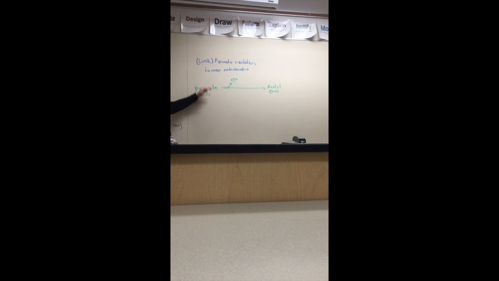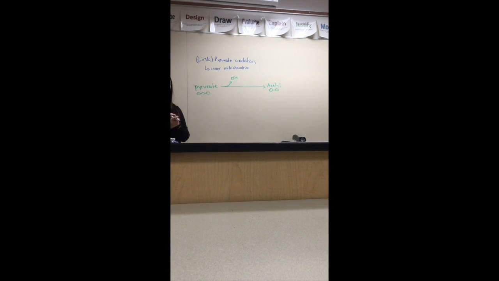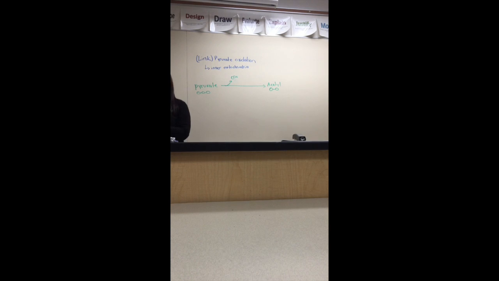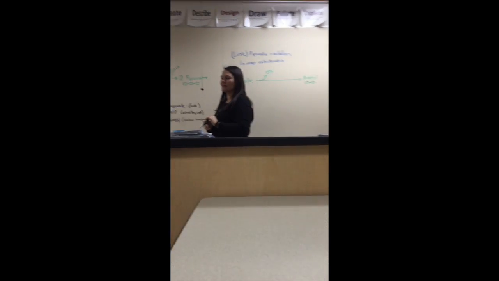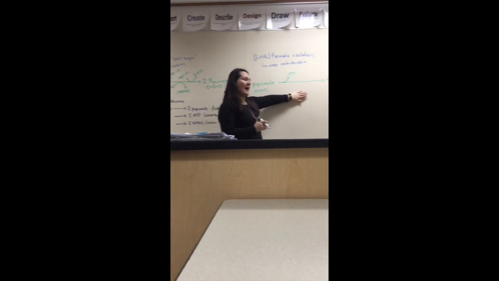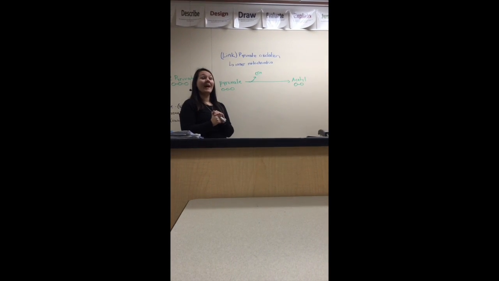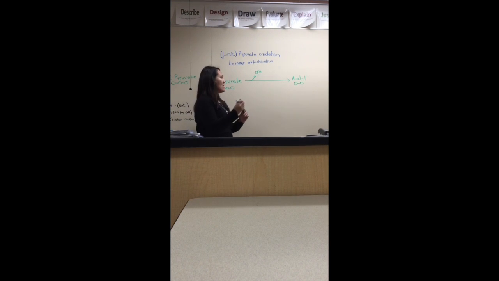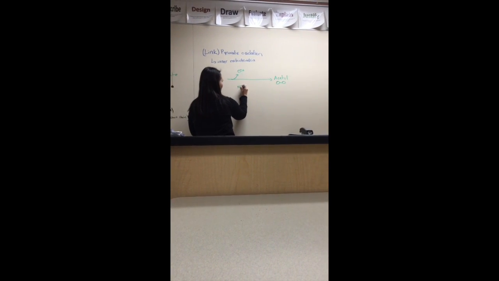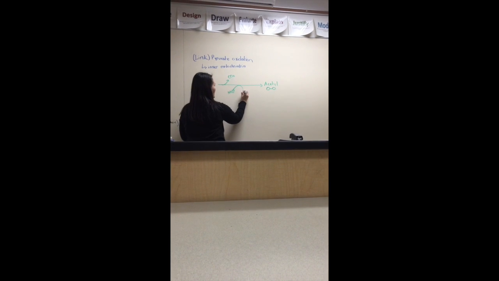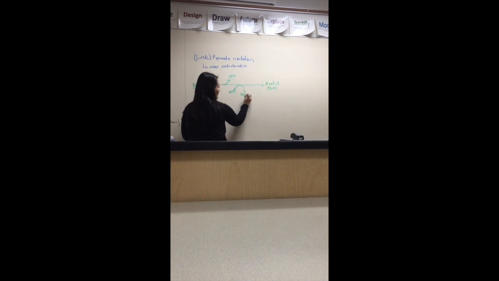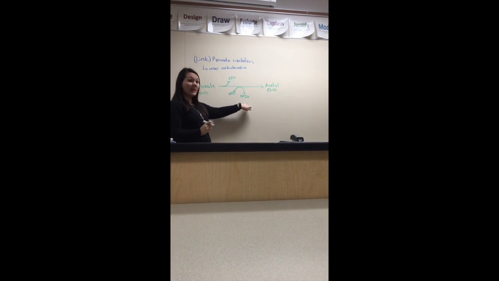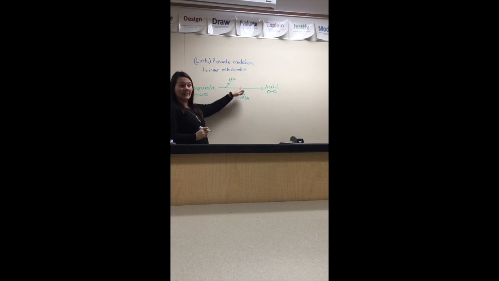Now we said that this is called pyruvate oxidation. Thinking about what happened during oxidation, where glucose was oxidized, what do you think is going to happen in this reaction? Yeah, we're going to go from NAD+ to NADH. That is a reduction reaction from the oxidation of pyruvate, right?